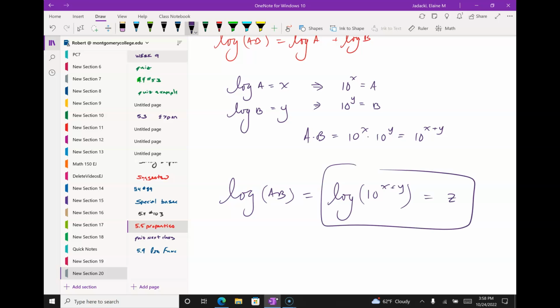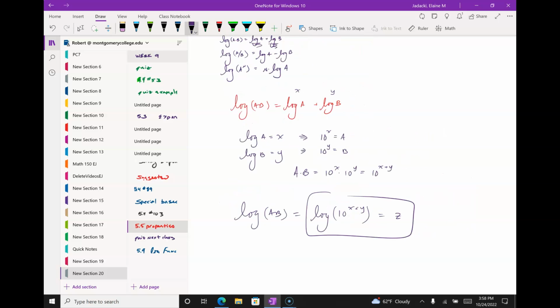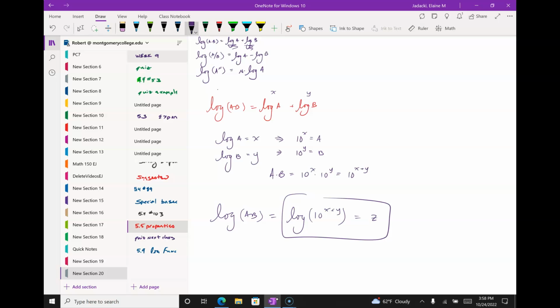Translate that for me. What's the base? It's not written there, but it's understood. What's the base? 10. So 10 to the z equals 10 to the x plus y, which is saying that z equals, because it's 1 to 1, x plus y. There it is, z equals x plus y.